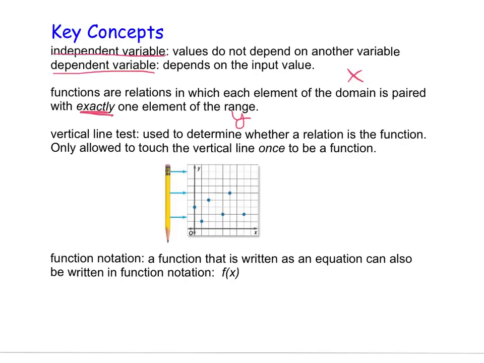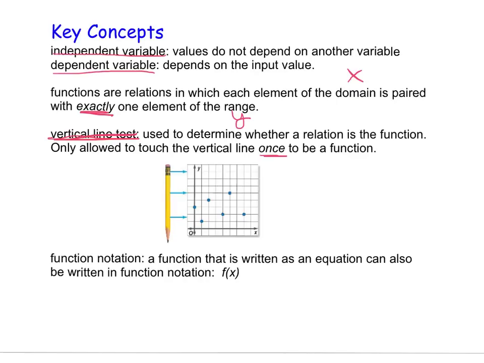Also, we have something known as a vertical line test, and a vertical line test is used to determine whether a relation is a function. And when you're using the vertical line test, you're only allowed to touch the vertical line once in order to be a function. Okay, so if you look here at this little picture I have on the screen, I've got a pencil and it's got arrows moving across the graph.